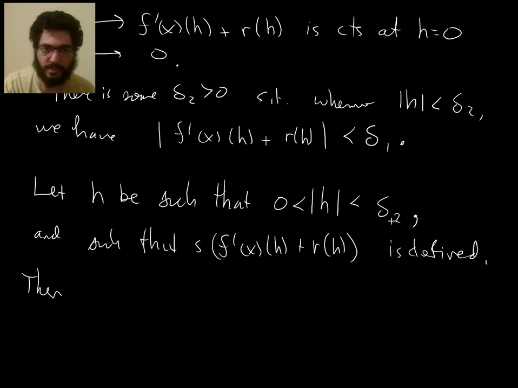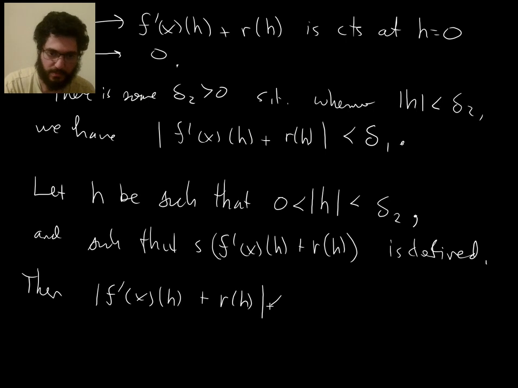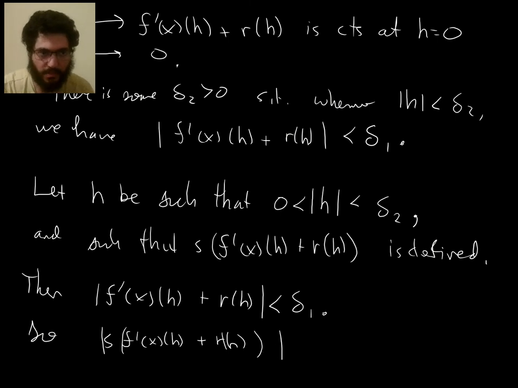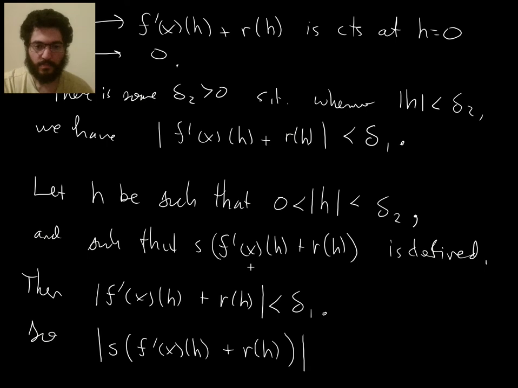Then, due to the choice of delta 2, this is true. This is less than delta 1. And then due to the choice of delta 1, when you apply S to this thing, you get something that's less than epsilon prime, sorry about the handwriting there.